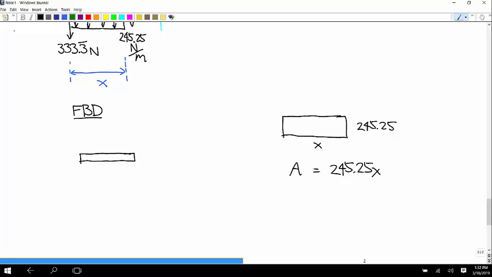And the centroid of a rectangle is right in the middle, which means that the distance from the end to where that point force is applied is x over 2.